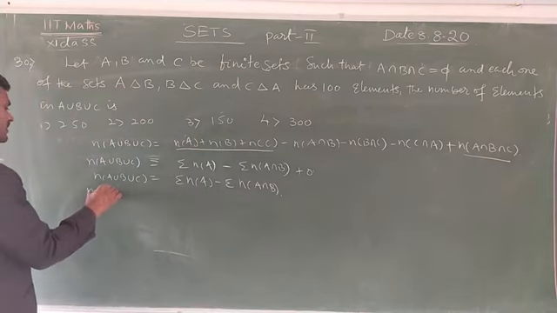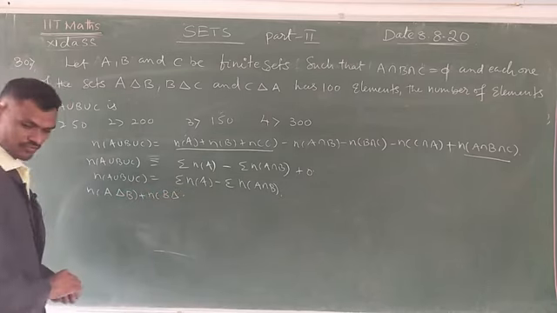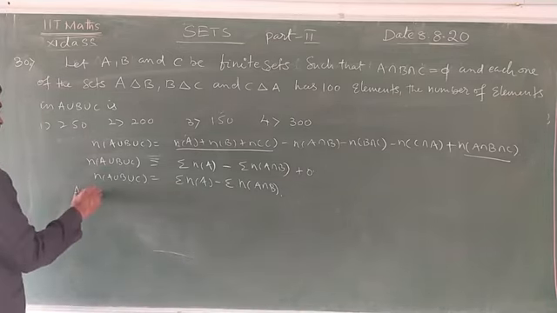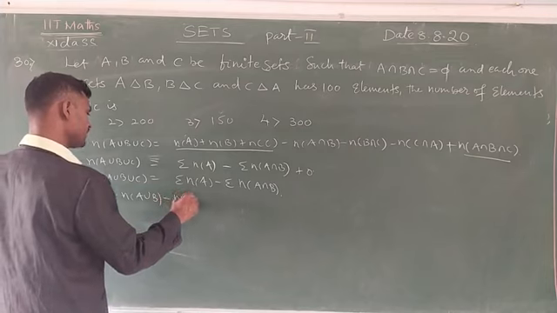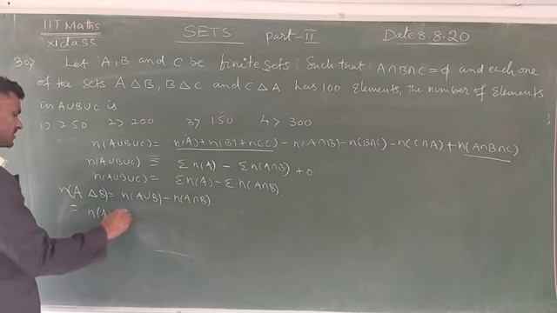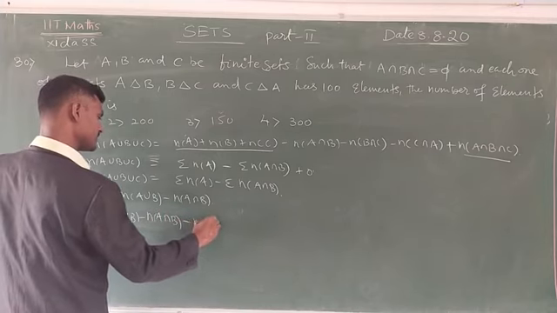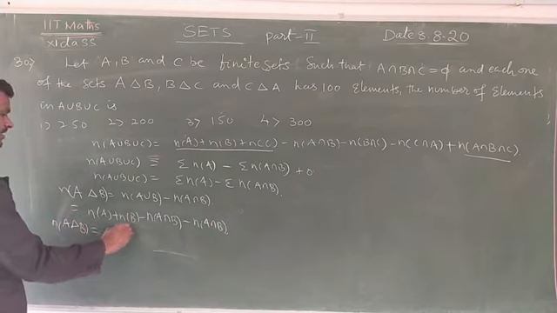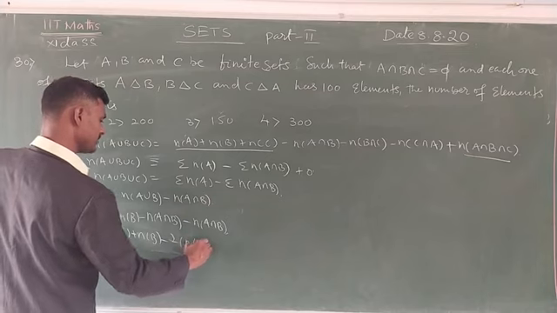Before we find this, first we can write A delta B. n of A delta B is equal to n of A union B minus n of A intersection B. Now n of A union B is equal to n of A plus n of B minus n of A intersection B. So n of A delta B is equal to n of A plus n of B minus 2 times n of A intersection B.